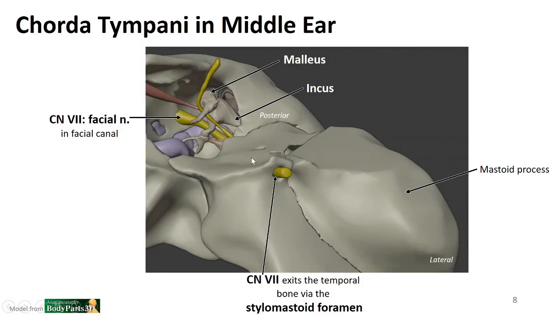And then we also see where that comes out through the stylomastoid foramen. Now before it exits completely, it gives off this branch here. And that is the chorda tympani. So we can see its relationship to the malleus and the tympanic membrane, which would be sitting around here, and it also courses close to the incus.